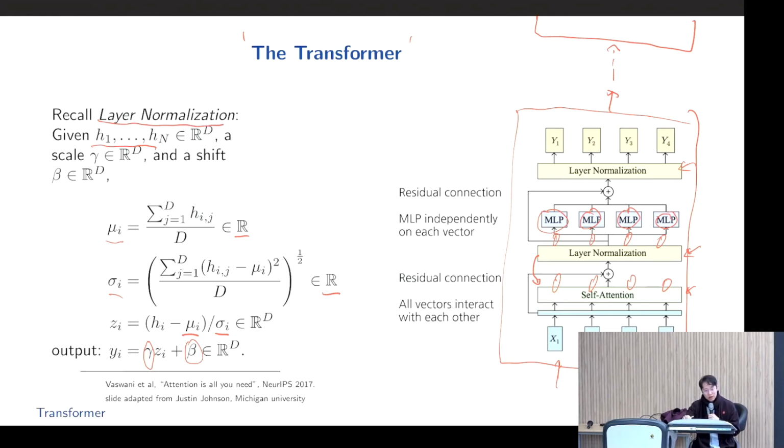So compared to batch norm, where you take the mean over the batch dimension, you take the mean over the data dimension, and given the scalar mean and standard deviation, you normalize each data independently, and you also have the option to recover the identity by learning this gamma and beta.